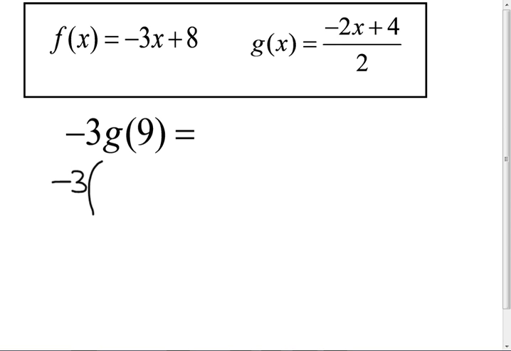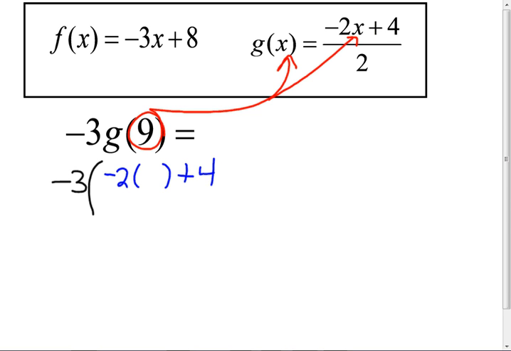Okay, so I got to find out what g of 9 is. Where's g? Oh. I'm going to put the 9 in there. I'm going to put the 9 in there. So I'm going to get negative 2 parentheses plus 4 over 2. I like to write that out and then substitute in the 9.